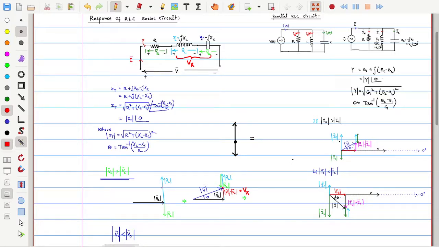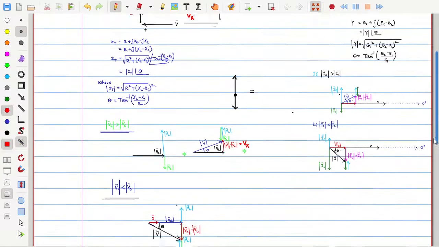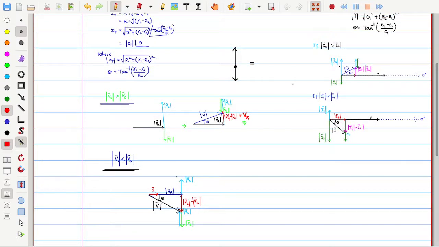VL is upward, so Vx is also upward. In other words, if capacitor voltage is dominating, if VC is more, then this Vx value is VC minus VL, which is in the direction of VC, that is in downward direction. Now Vr plus Vx is our total voltage V.